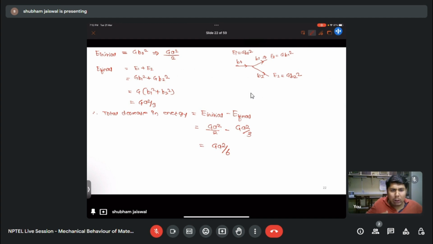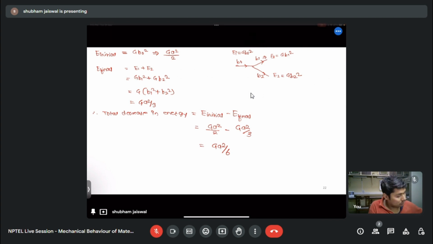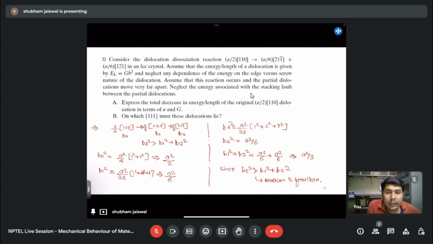So this is the total decrease in energy per unit length of the original dislocation in terms of a and G. Now the second part is on which plane must this dislocation lie. So let me add one slide.